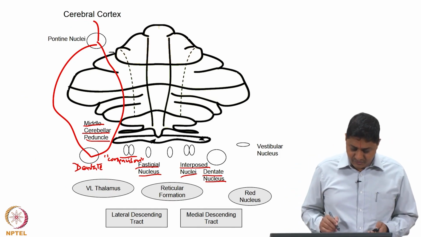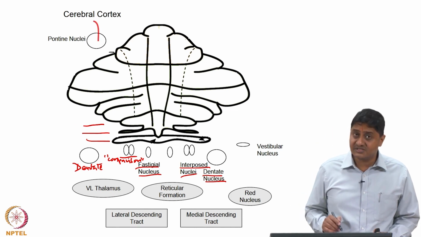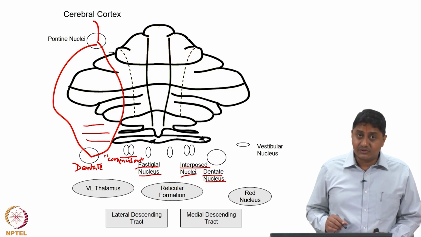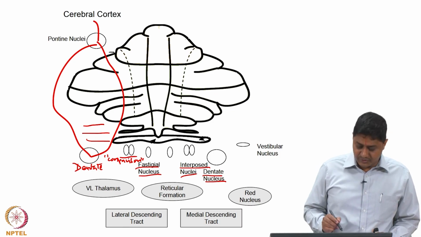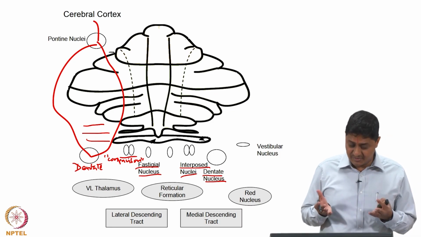Okay. So, to review this briefly: pons receives inputs from the cerebral cortex. From the pontine nuclei there is a projection to the dentate nucleus, and also via the cerebellar cortex to the dentate nucleus, where a comparison happens.